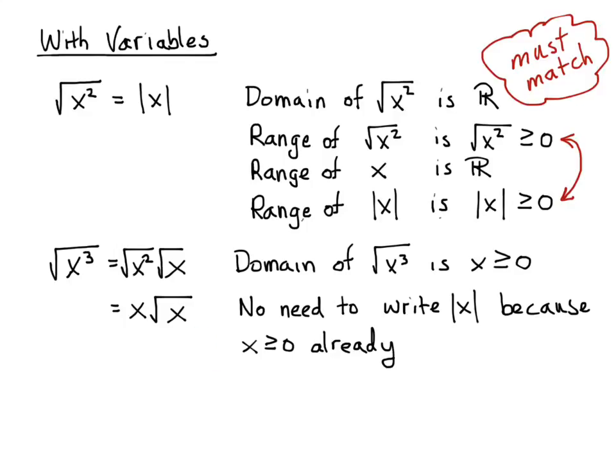Right? So if I put an absolute value here, it's pretty meaningless, because x will always be either 0 or more. So I'm going to step through a whole bunch of these, and hopefully you'll see the pattern of when you need to use the absolute value and when you don't.